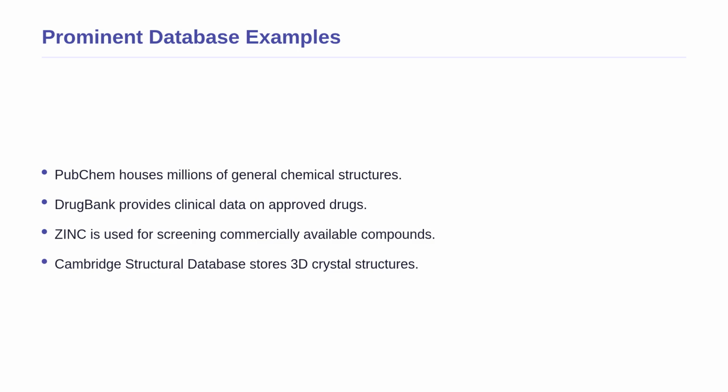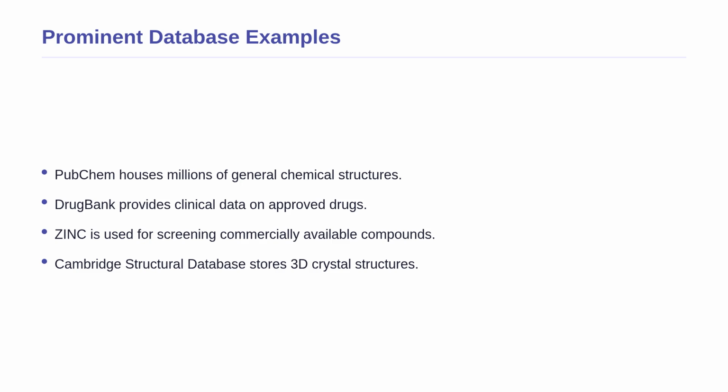With all this data available, you might wonder where scientists actually go to find it. There are several major databases used globally. PubChem is one of the largest, housing millions of chemical structures. DrugBank provides highly detailed clinical and pharmacological data, specifically about approved drugs.